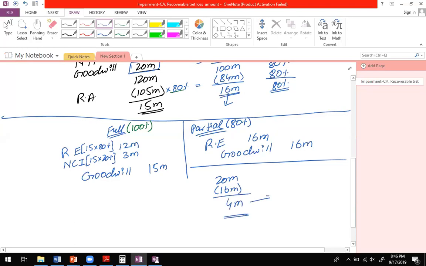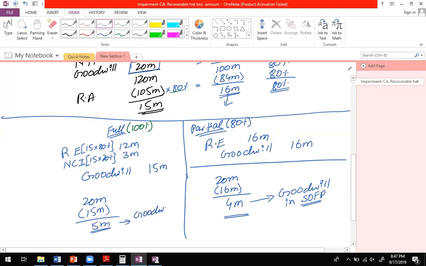So the goodwill which will go to the statement of financial position is going to be $4 million only. However, in case of full, the goodwill of 20 was impaired by 15. So the goodwill of 5 million will go to the statement of financial position. So this is how we actually determine the value to be shown in the financial position.